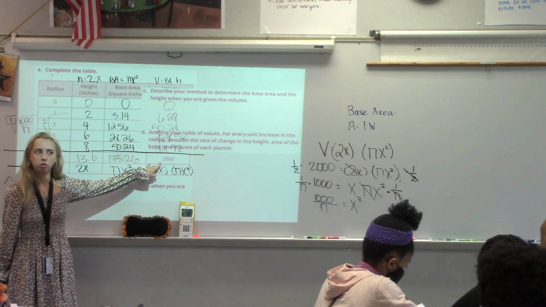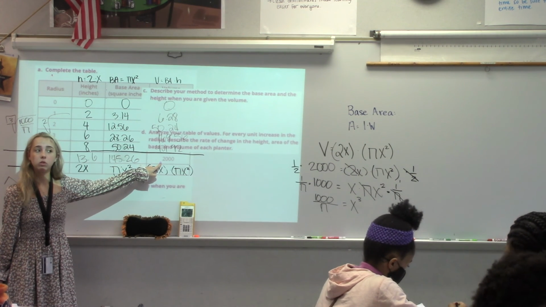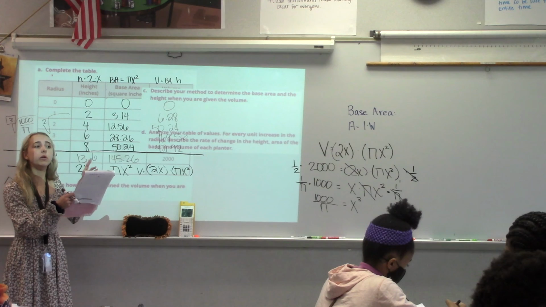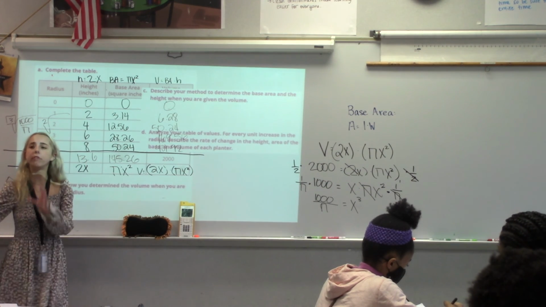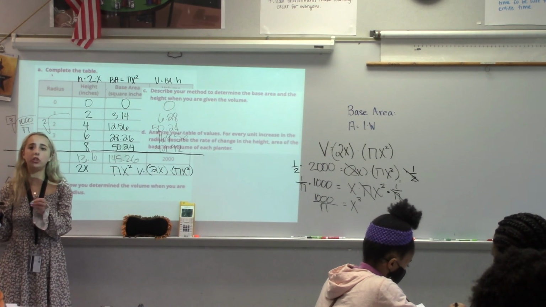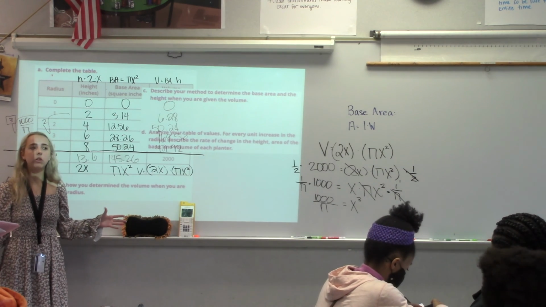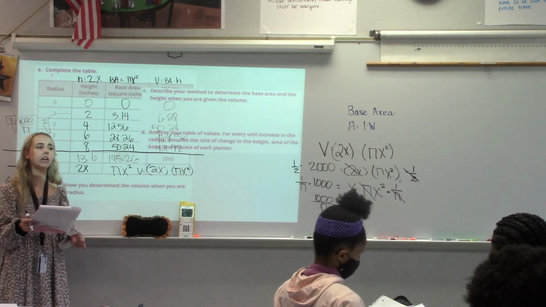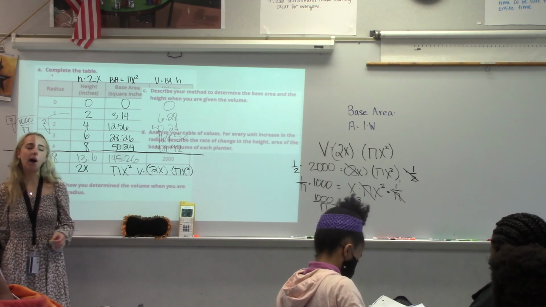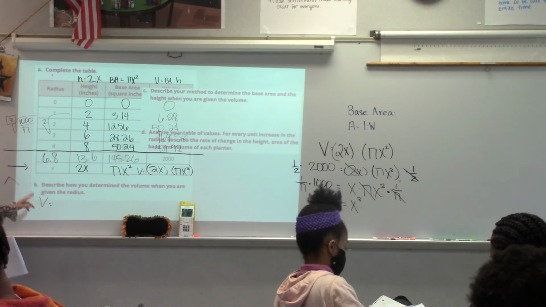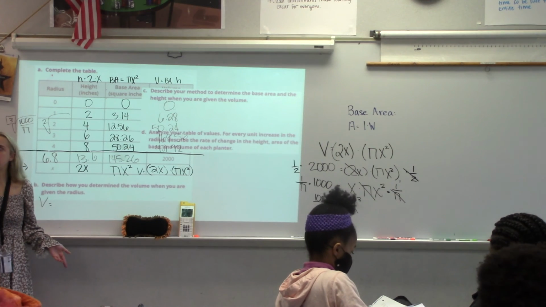You said set the base area equal to the volume. Okay, we had to set the volume formula equal to the value of volume it gave me. And since the x represented our radius, I could figure out what that was. What did we need the radius to calculate?